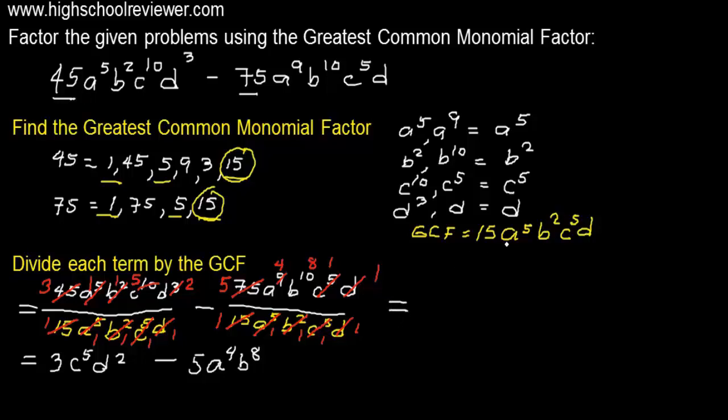We are now going to multiply the GCF, 15, a raised to 5, b raised to 2, c raised to 5, multiplied by d, and multiply this by 3c raised to 5, d squared, minus 5, a raised to the 4th, b raised to the 8th. So therefore, this is now our final answer for our given problem.